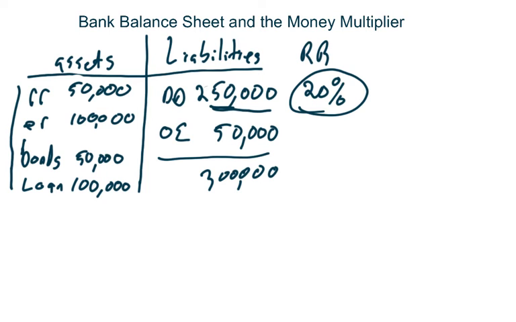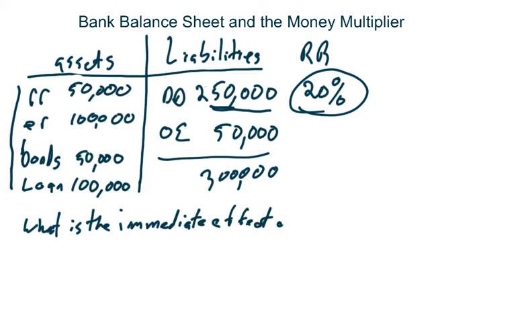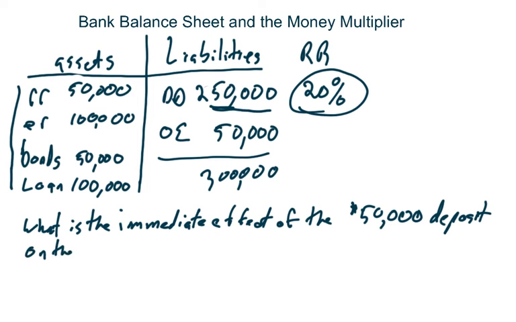My question is, what is the immediate effect of the $50,000 deposit on the M1 measure of the money supply?